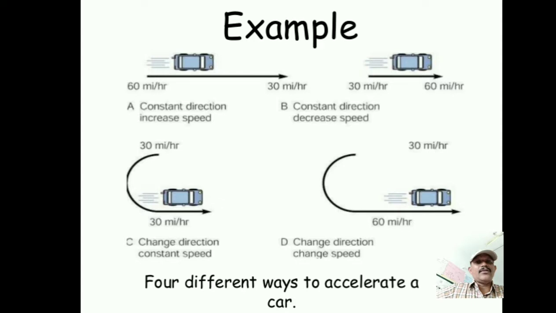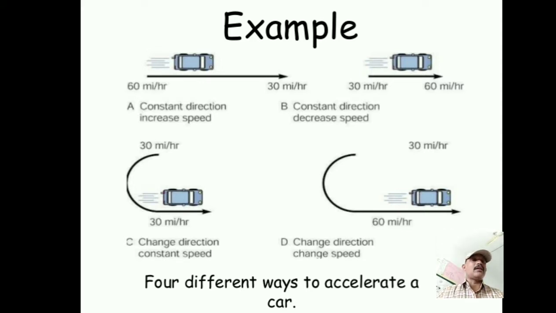First, car A moves from 30 km to 60 km, which shows constant direction with increasing speed. Car B goes from 60 to 30, constant direction with decreasing speed. Figure C shows change of direction with constant speed, and D shows change of direction and change of speed. So, these are the 4 different ways to accelerate a car.